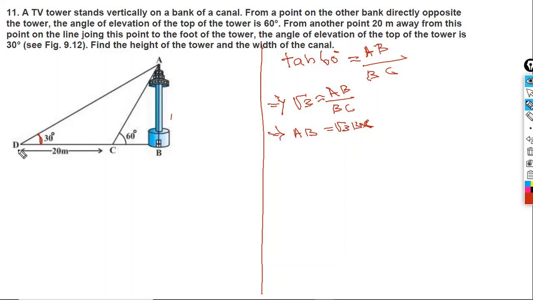Now here we will find tan 30. Tan 30 equals AB by DC, DB or BD you can write, AB by BD implies tan 30, you know, 1 by root 3 equal to AB by BD.